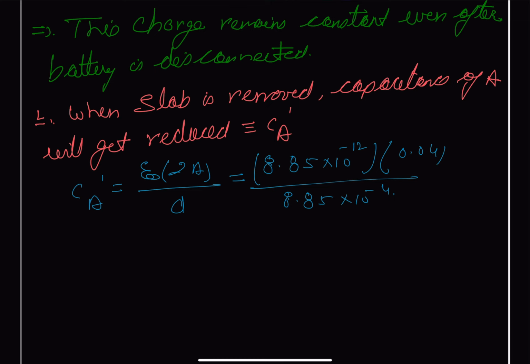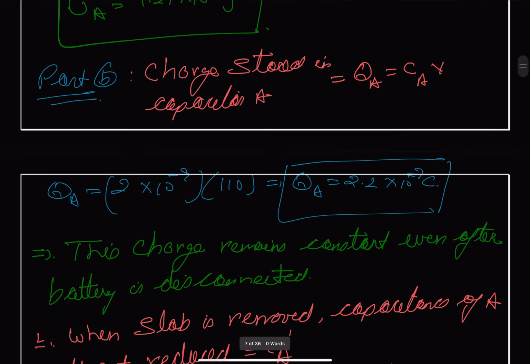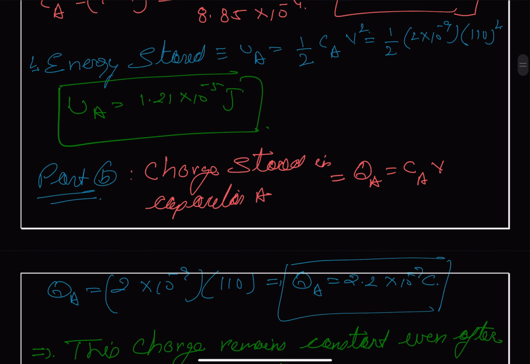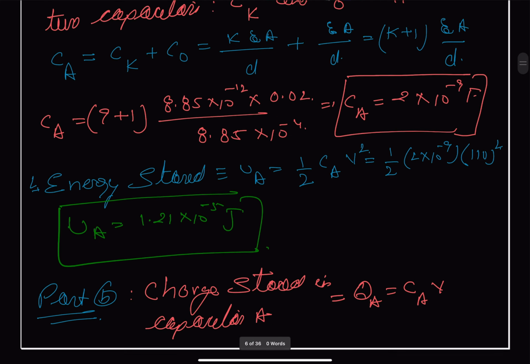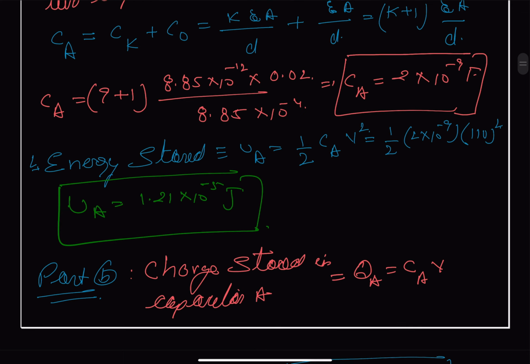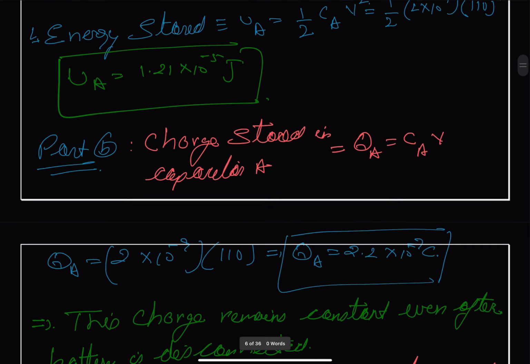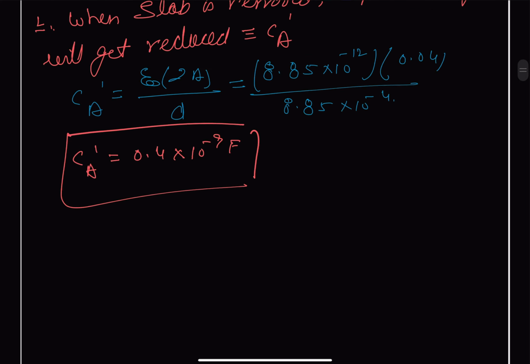We get that our Ca prime will be equal to 0.4 into 10 raised to power minus 7 farads. So first the capacitance was 2, now it comes as 0.4.